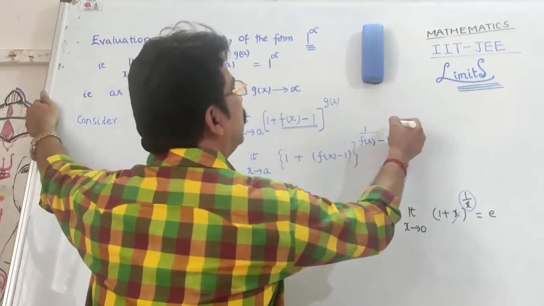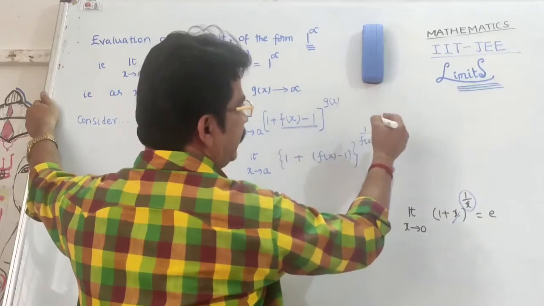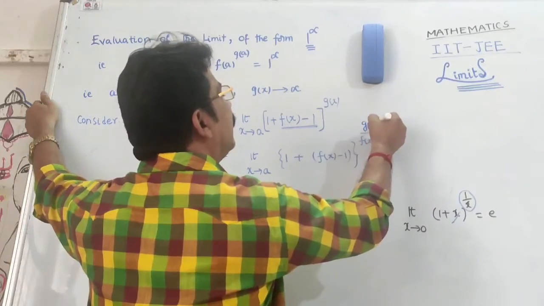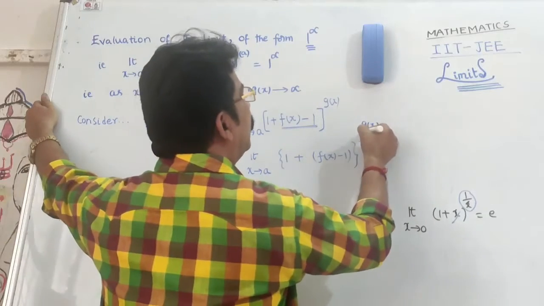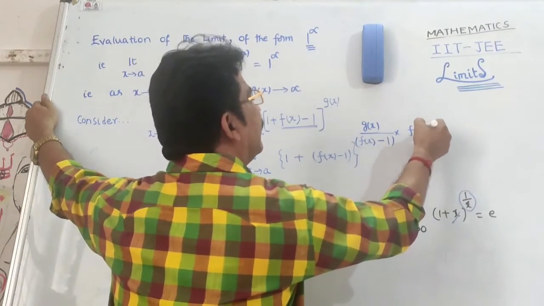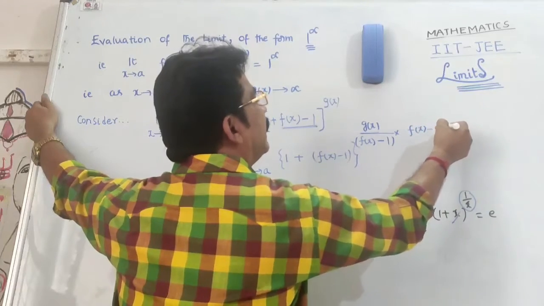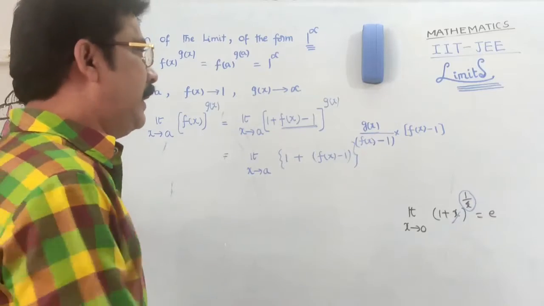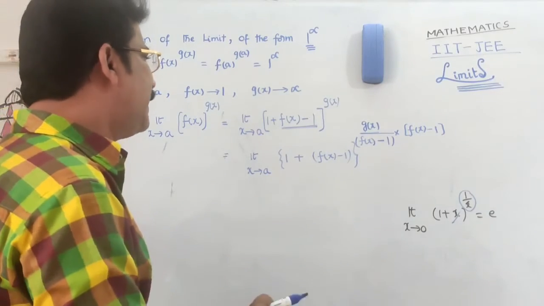Next, actually we have to write g of x. For no loss of generality, we can write it as like that: multiplication with f of x minus 1 and division with f of x minus 1.